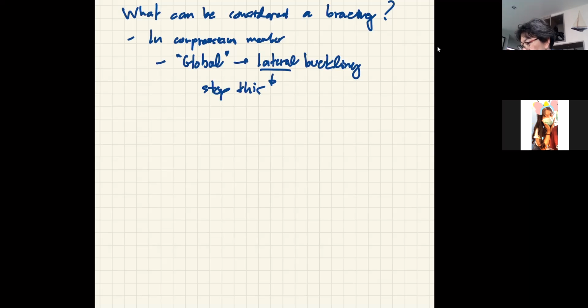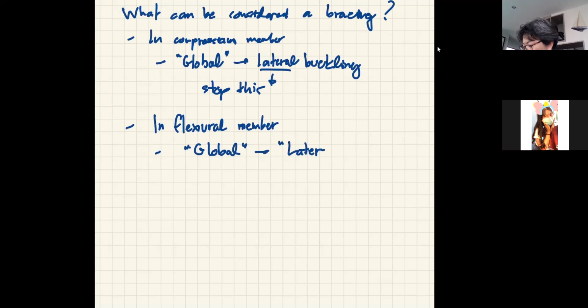Now in a flexural member, when your member is not laterally sufficiently braced, we will have the behavior of global buckling of the beam that is called lateral torsional buckling.